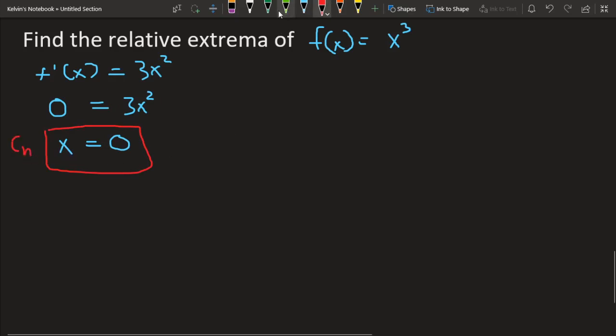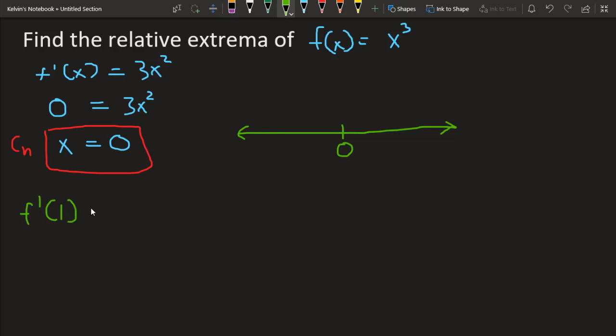Now we can draw a number line and list 0 as a point. And now we can find 1 and -1, because we're looking from 0 to infinity and -infinity to 0. Well, if we plug in 1, we get that f prime of 1 is equal to 3.